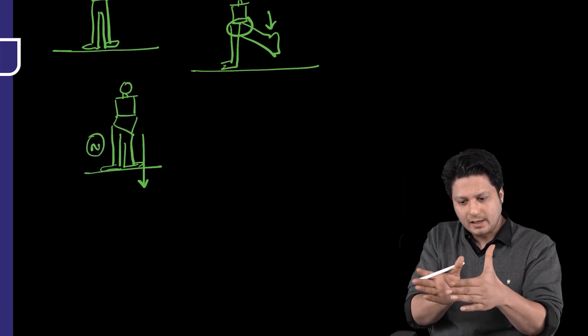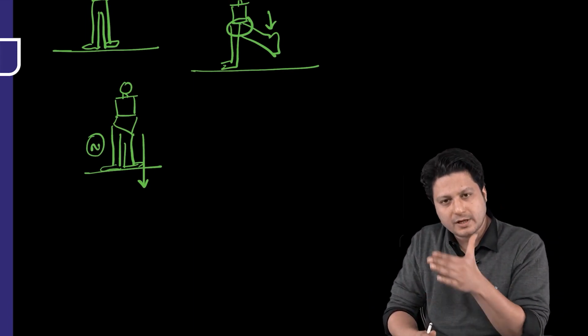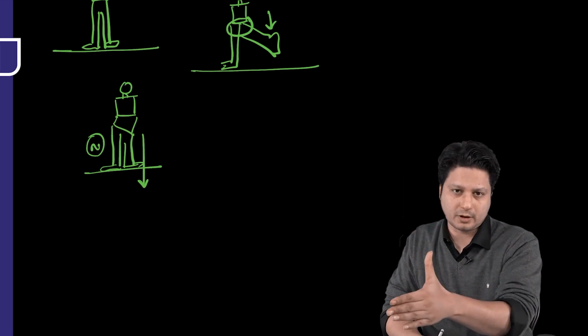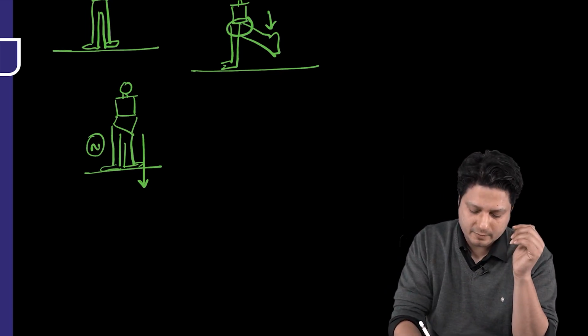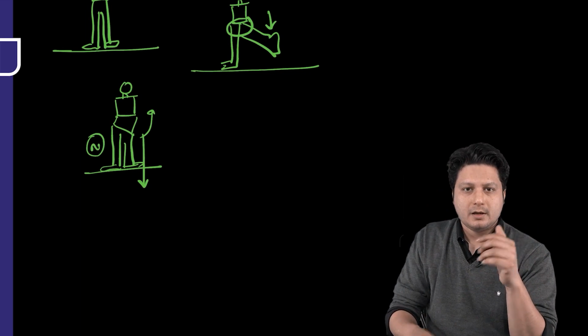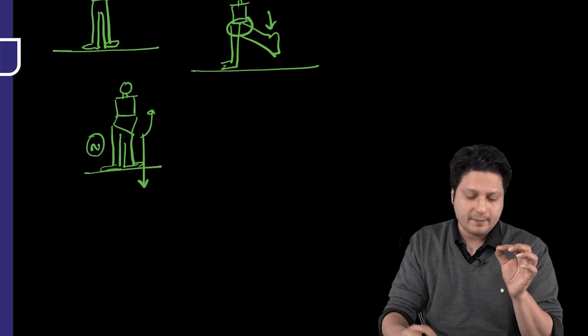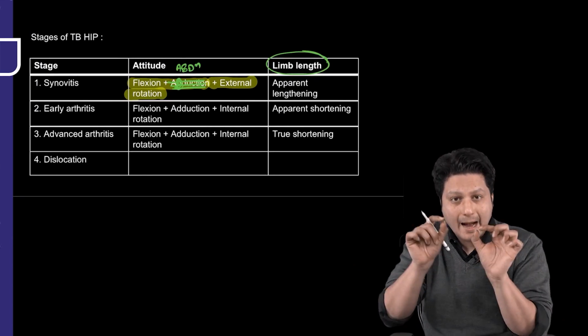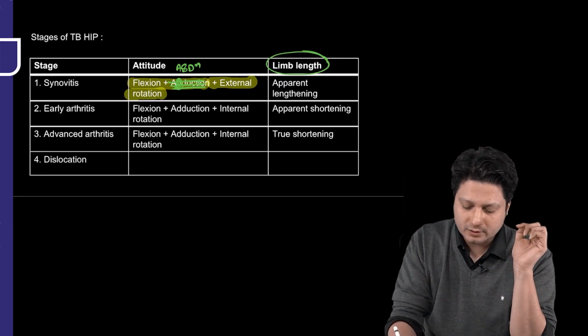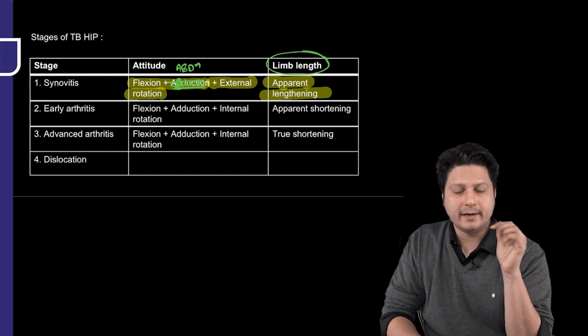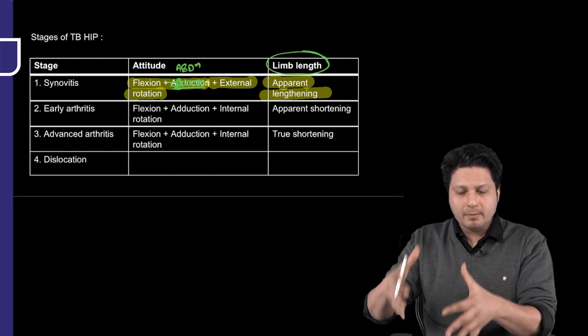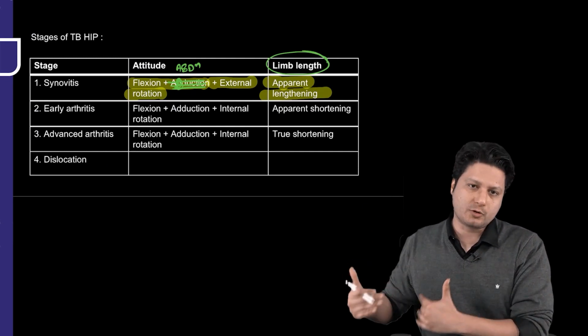Because the pelvis is relatively tilted down, the length of the affected limb will appear longer compared to the normal. But when you square the pelvis back to normal, there will be appearance of the abduction deformity. So this is the reason why this stage is known as a stage of apparent lengthening. It is not the true lengthening which is happening over here. It is apparent lengthening, that the limb length seems to be increased compared to normal.